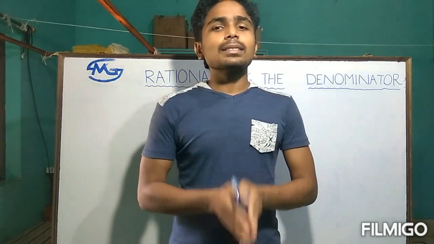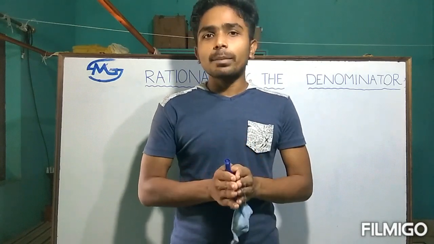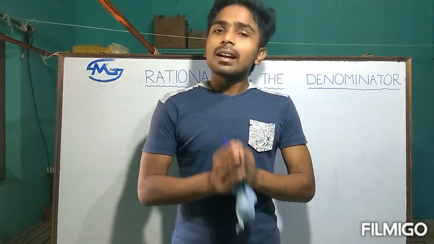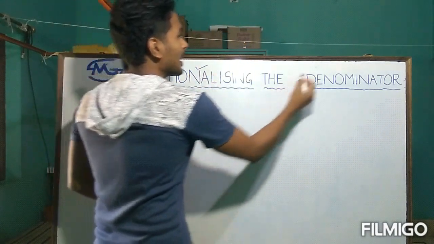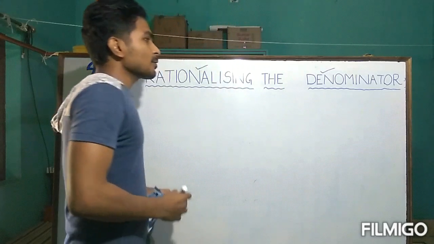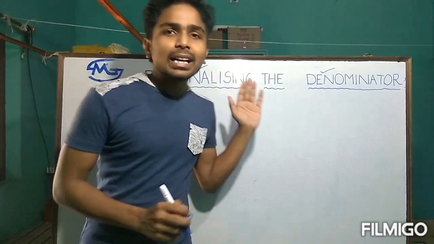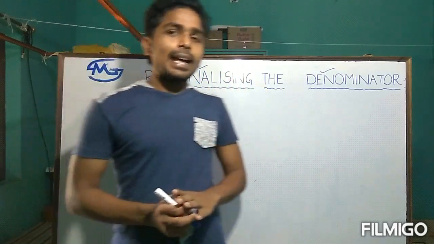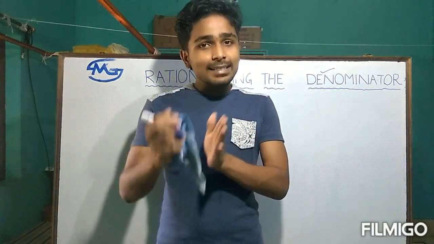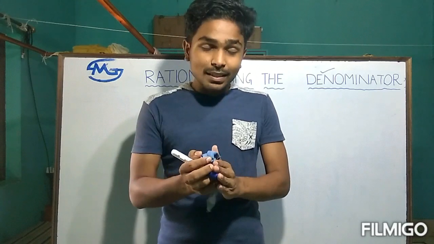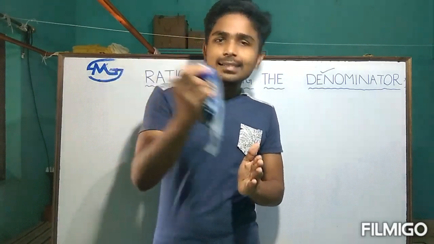In this class we will discuss a new topic, that is rationalizing the denominator. First we have to get an idea about what rationalization is. Rationalization means to make a term into its rational form.